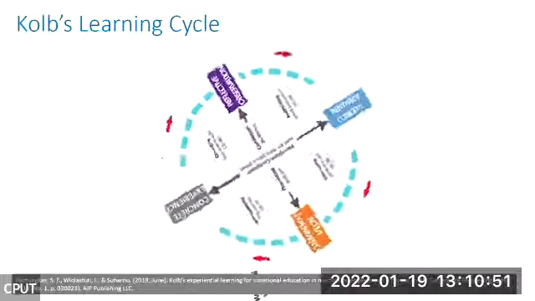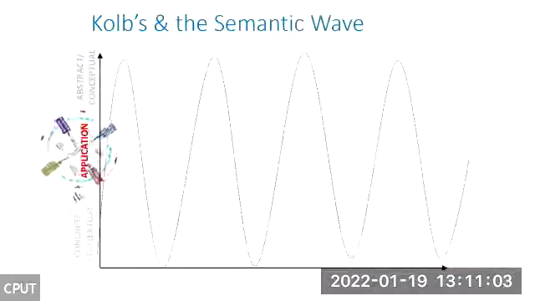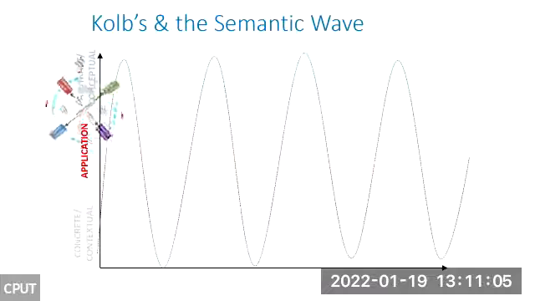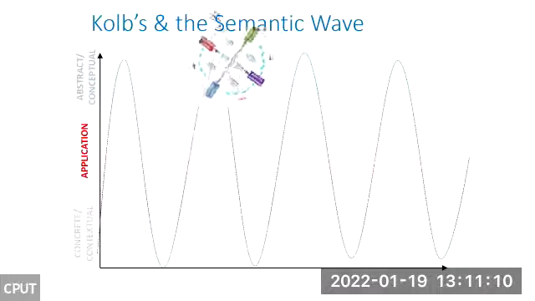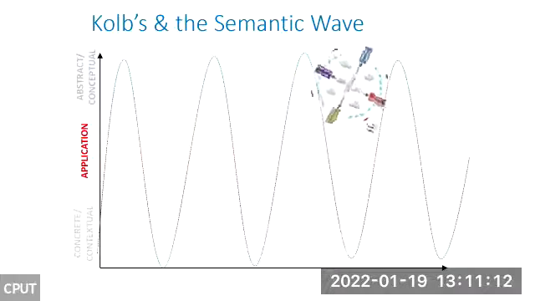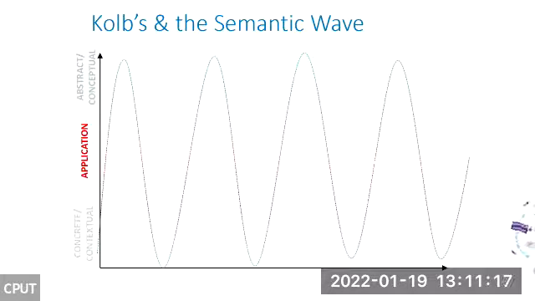Now, I've taken Kolb's learning cycle, and if we take that whole principle of experience, engage, think about, reflect, conceptualize, that whole cycle, and you add it so beautifully to the semantic wave, what I'd like you to imagine is building a trajectory over time that moves between concepts and contexts, between the abstract and the concrete, while actively doing something and being able to reflect on the process, and building this process over time.